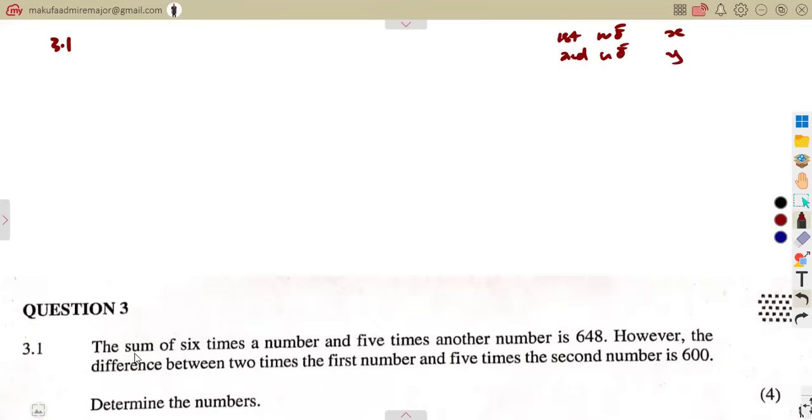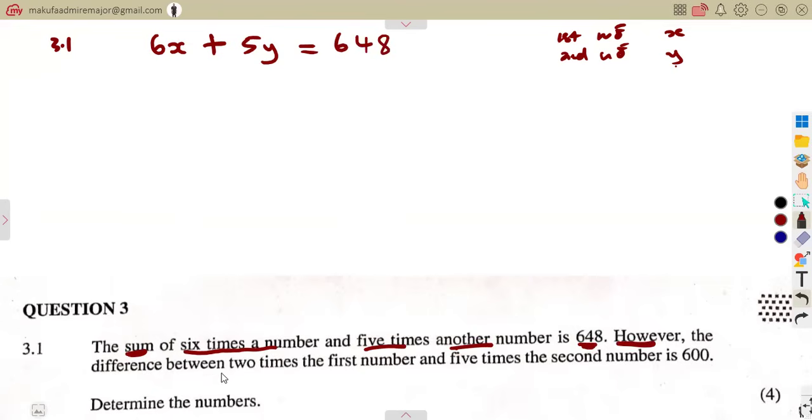Okay, so they're saying the sum, addition, you add 6 times a number, which is our first number, plus, because they said it's a sum, 5 times another number, which is the second one, which is 5y. So this sum must be equal to 648. It's an equation that you have formed.